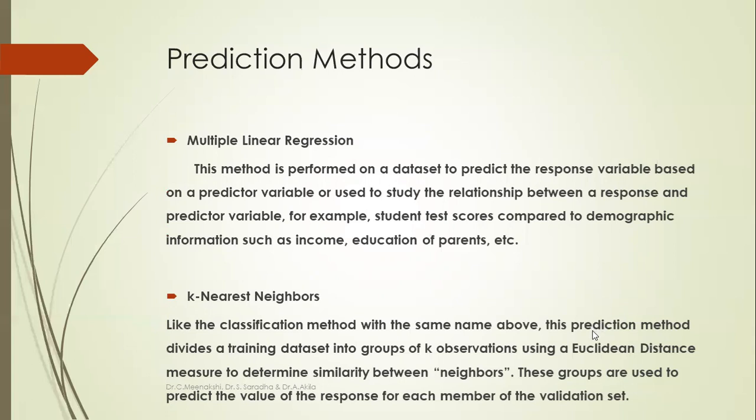If the income and education of the parent are low, and still the test score is above a range, then it is considered good.